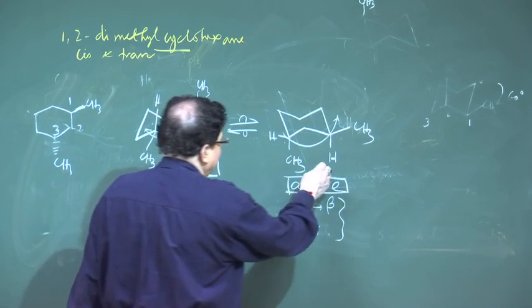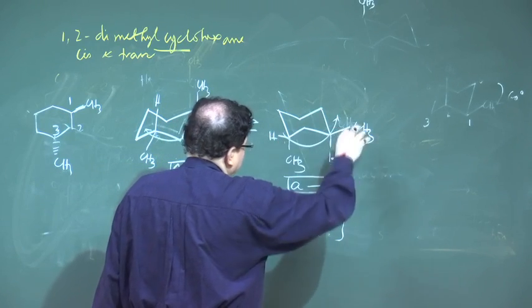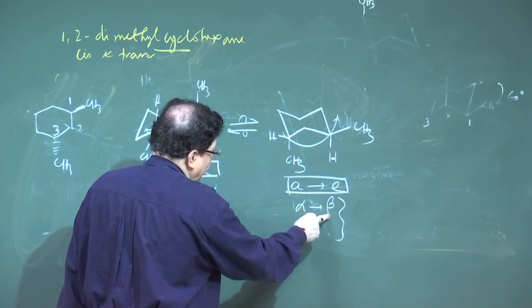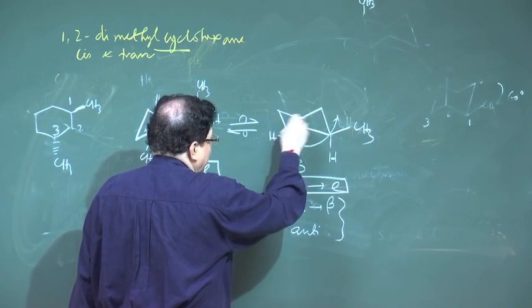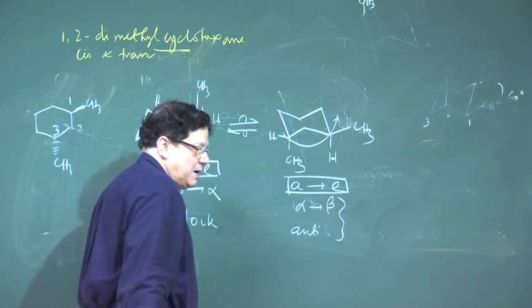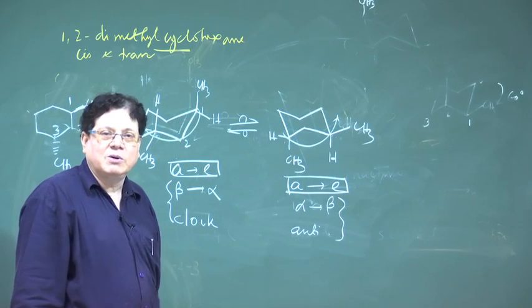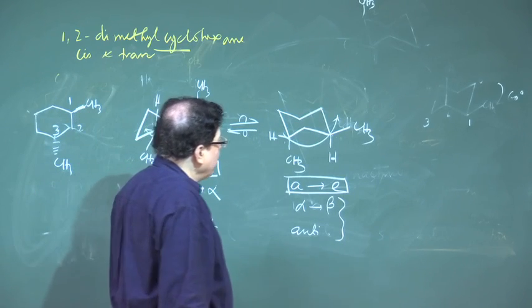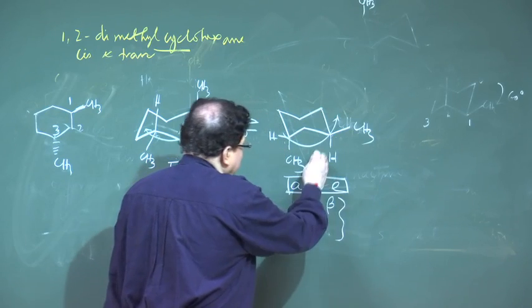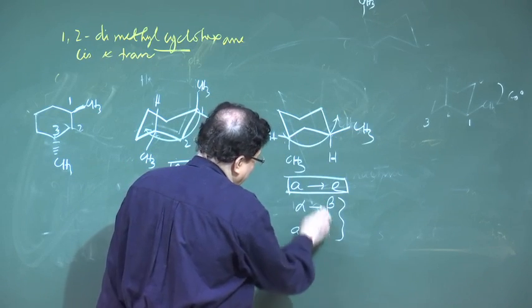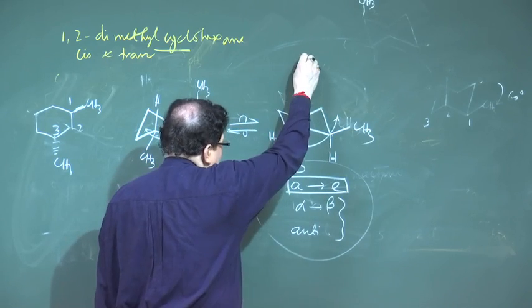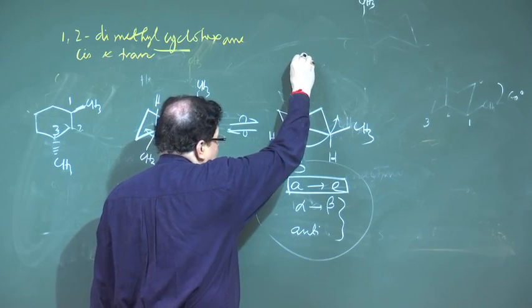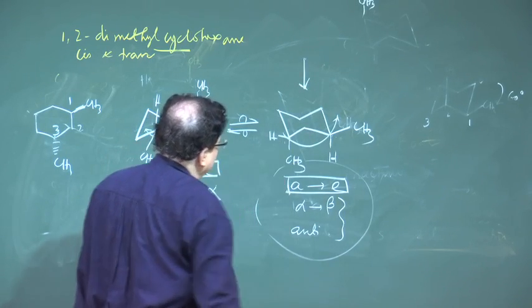I can tell you that if you change your reference plane, see this alpha beta is basically based on the average plane of cyclohexane. So, if I change my reference plane, my direction is from the top.